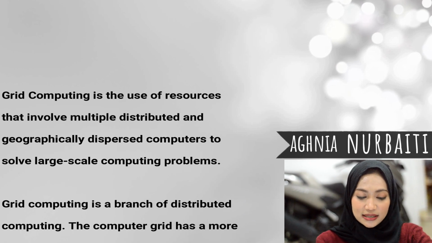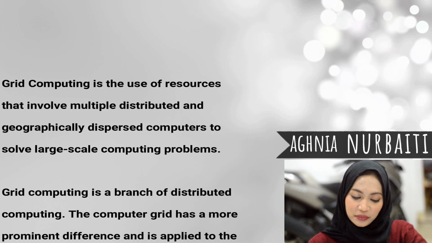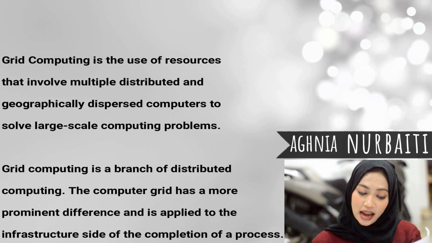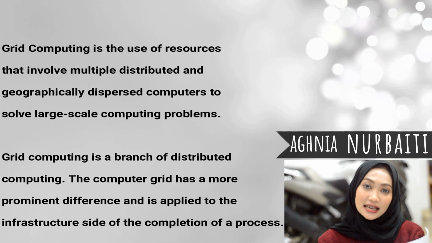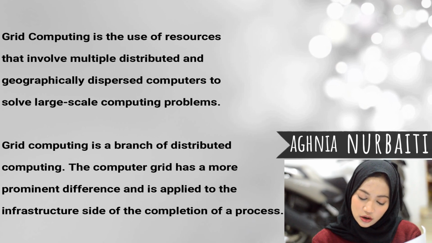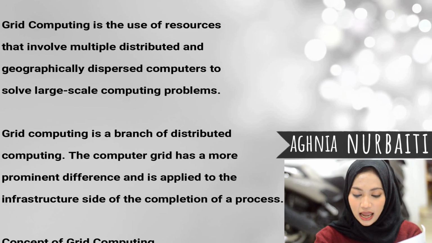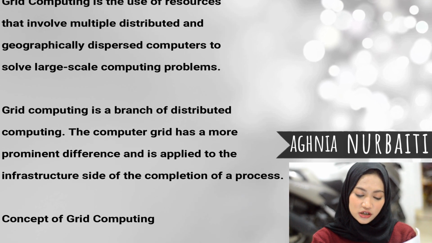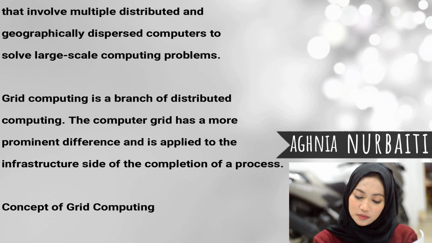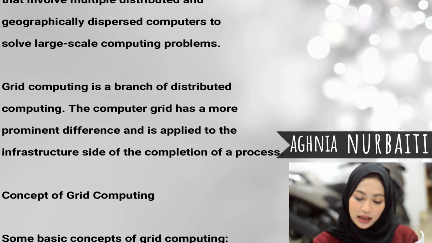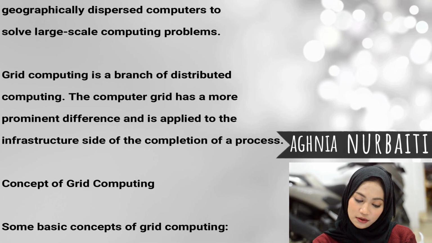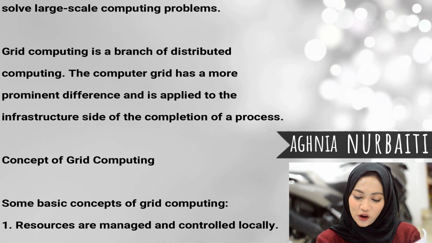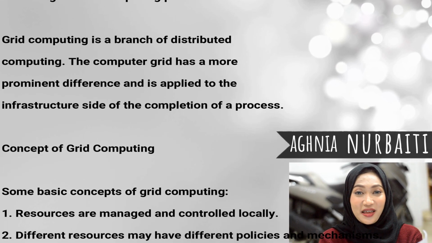Some basic concepts of grid computing. First, resources are managed and controlled locally. Second, different resources may have different policies and mechanisms, including computing resources managed by different batch systems, different storage systems, and different nodes. Different policies are introduced to the same user or different resources on the grid.